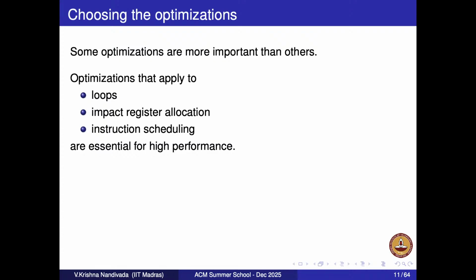Which are those? Let's fix our target as speed. So, which optimizations will give us more speed? Naturally, if in the code where you are spending maximum time, if you can optimize that part, it's good. In the code, typically you spend maximum of your time inside loops. Right?